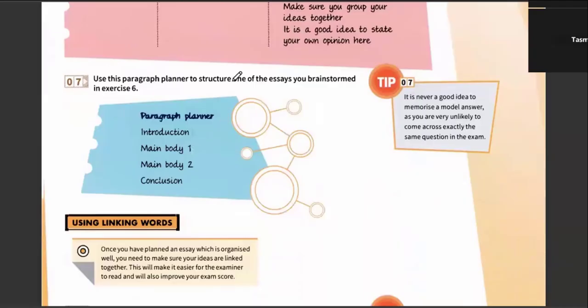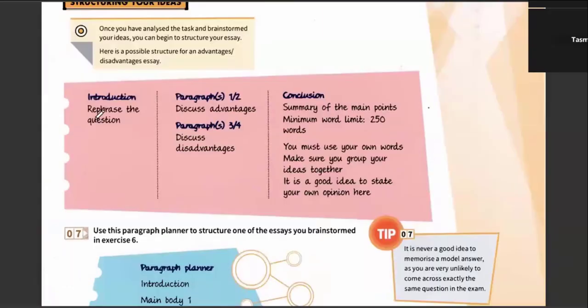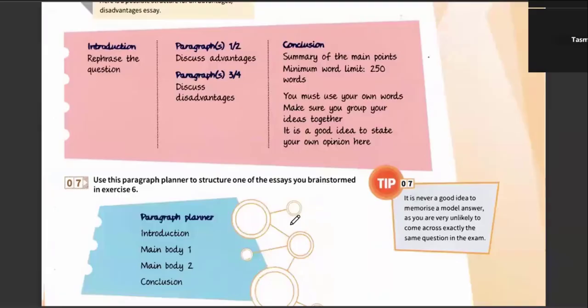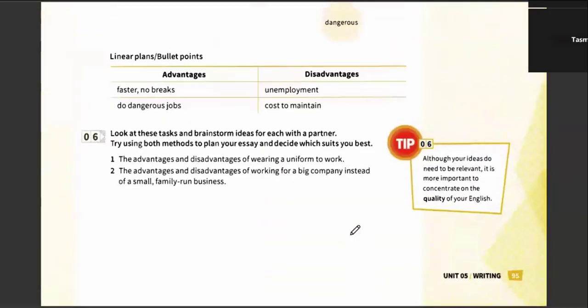Use this paragraph planner to structure one of the essays you brainstormed in exercise 6. So for this, I don't think it's that necessary here because we already know how to structure it. So they're saying to use this paragraph planner to structure one of the essays you brainstormed in activity 6.